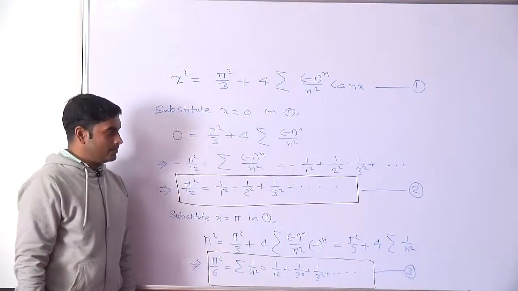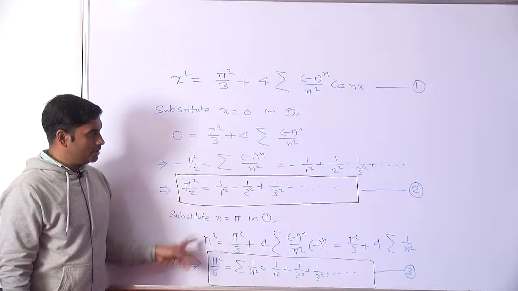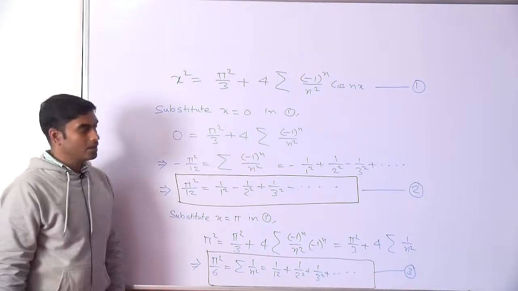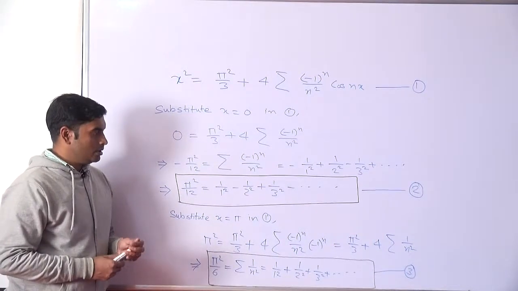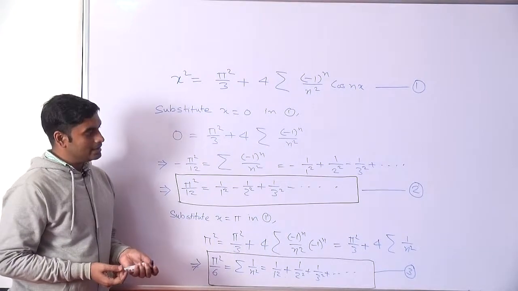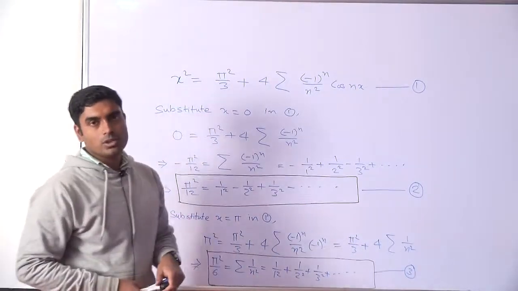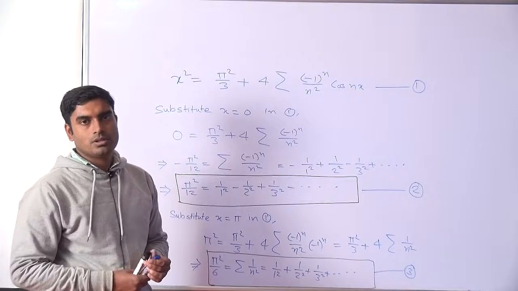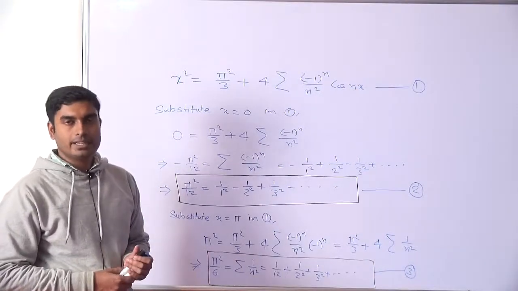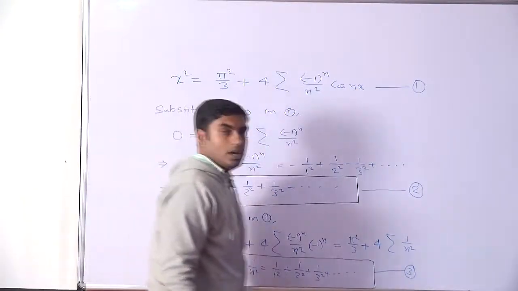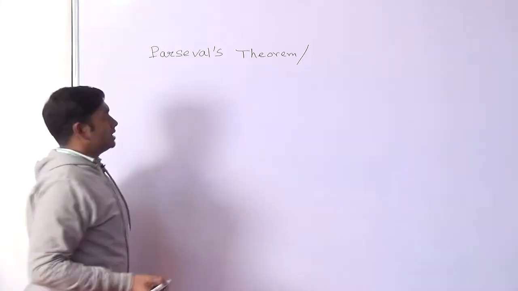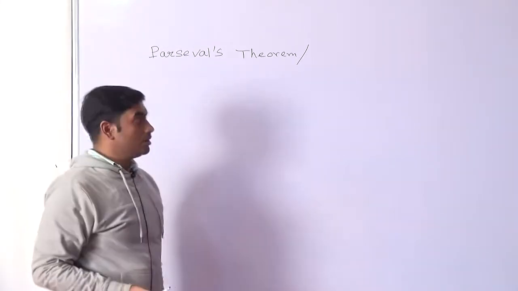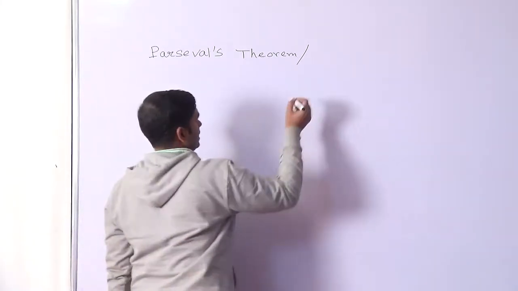In that case, if we add up 2 and 3, we cannot do it. So what we will do in that case is use a theorem called Parseval's theorem, also called Parseval's identity. I am now going to discuss that one.